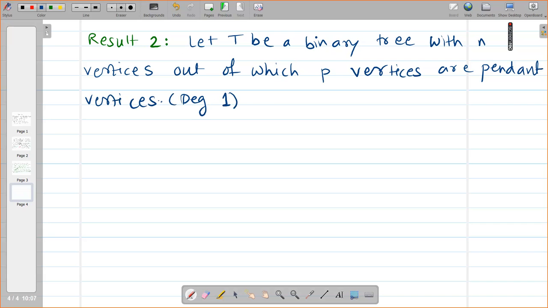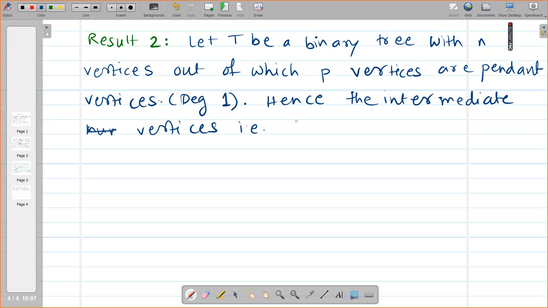Degree 1 vertices. Hence, the intermediate vertices मतलब कौन से होंगे, क्या होगी उसकी डिग्री? Vertices of degree 3 are n vertices minus these p vertices are of degree 1 and minus the root, that is 1 vertex. इतने होंगे degree 3 के vertices.